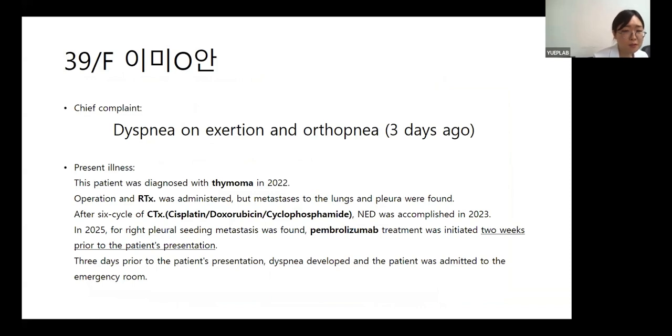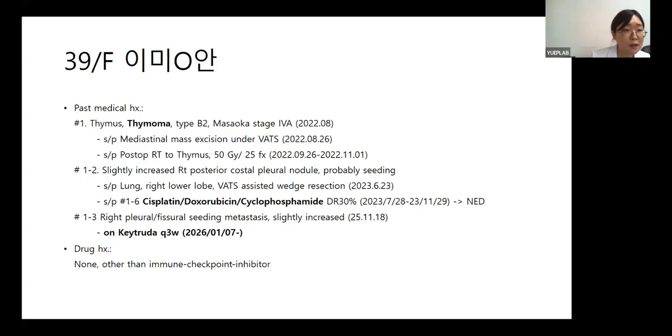After that, metastasis was confirmed, so they did 6 cycles of chemotherapy, and NED was accomplished in 2023. But last year, right pleural seeding metastasis was found, and the immune checkpoint inhibitor pembrolizumab was initiated 2 weeks prior to presentation, and 3 days prior to presentation she experienced the DOE. Other than thymoma, she has no other medical records.